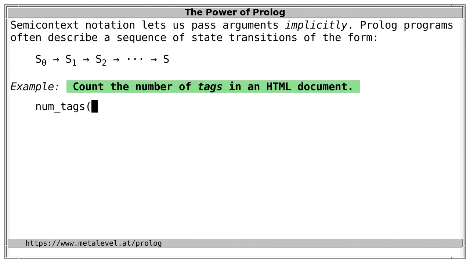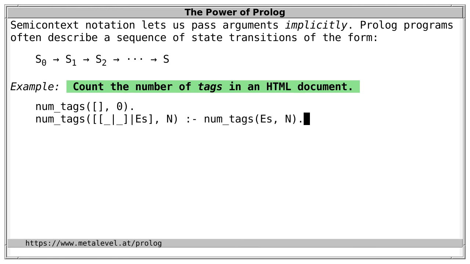Let's define num_tags, where we relate an HTML document, that is a list of such elements, to the number of tags. So, for example, in the empty list of elements, there are 0 tags. And if the first element is a string, that is a list of characters, and possibly remaining elements Es, then the number of tags N is the number of tags in the remaining elements Es.